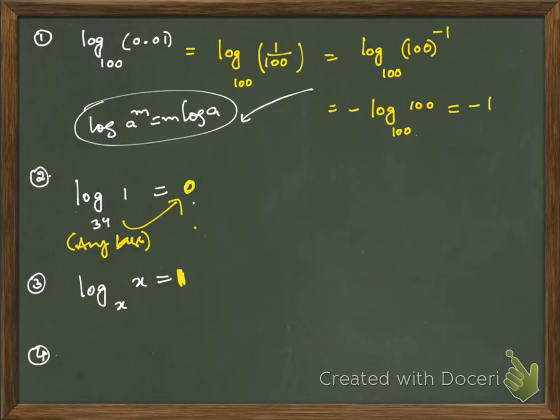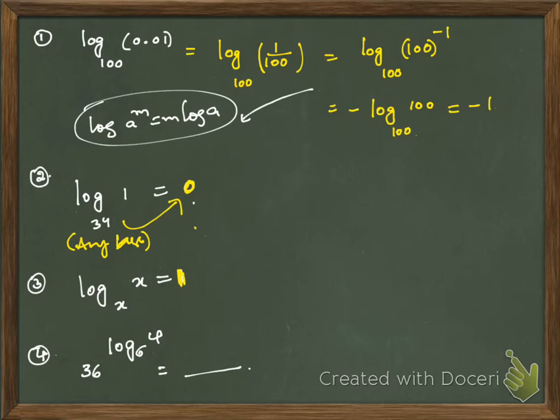Next, let us say you have 36 to the power of log of 4 to the base 6, and you are supposed to give the answer to this. In this, what are the formulas that you have?